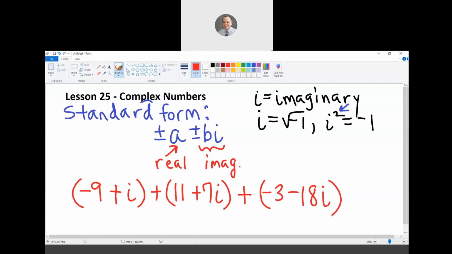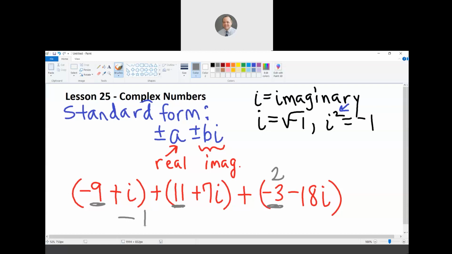Just like the letter x, the letter i is also considered a like term, you can combine it. The regular numbers or integers, we'll just combine those as normal. So negative 9 plus 11 is a positive 2. And 2 minus 3 gives us negative 1.